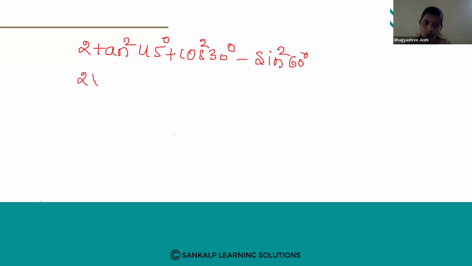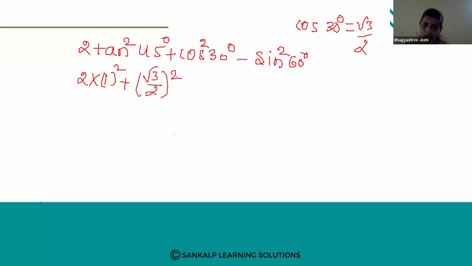That is 2 into, we know the value of tan 45 is 1, so tan square is 1 square. Plus cos square 30 degree. Cos 30 is root 3 divided by 2, so cos square 30 is root 3 divided by 2 whole square.